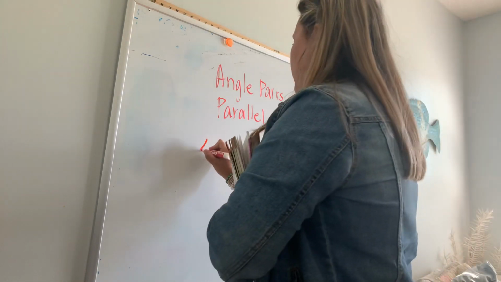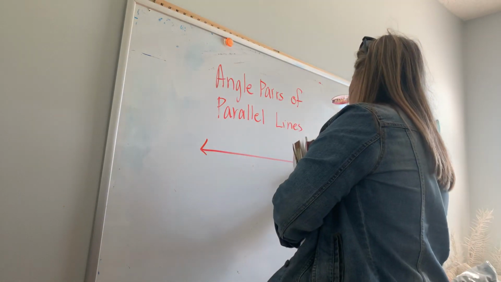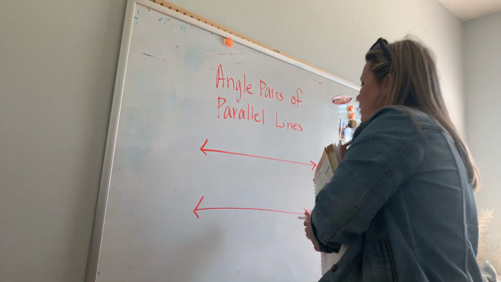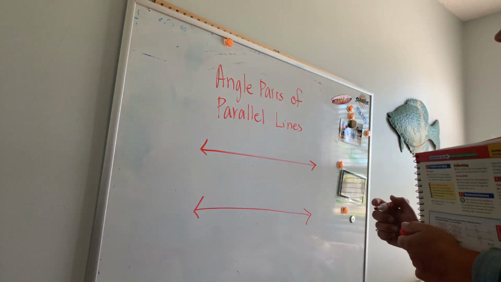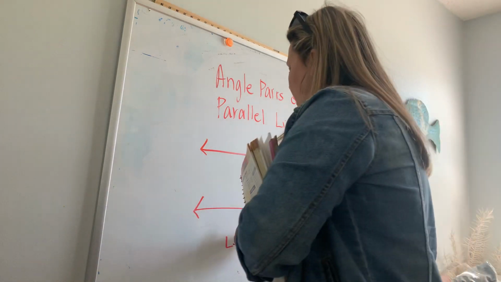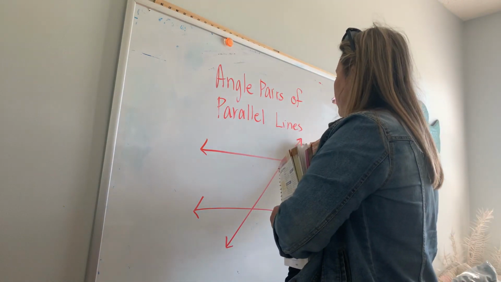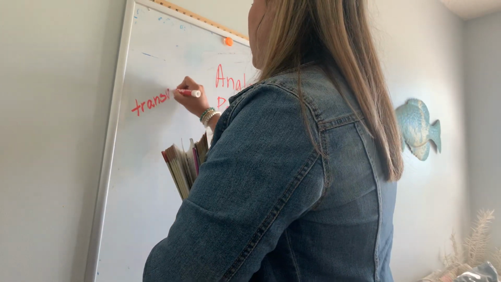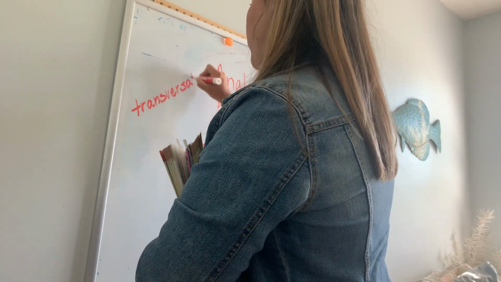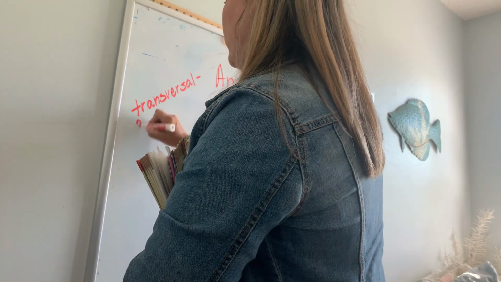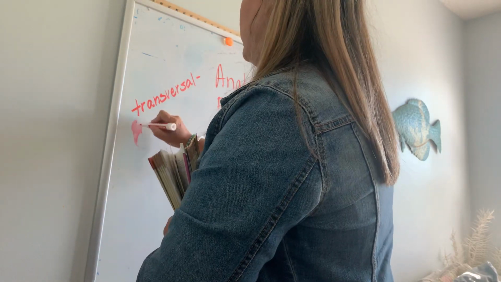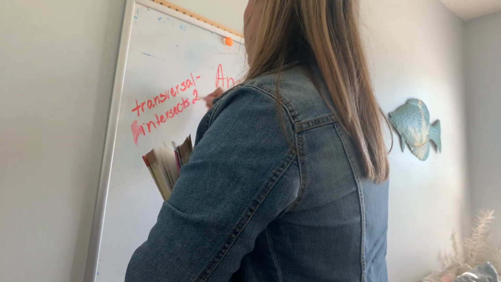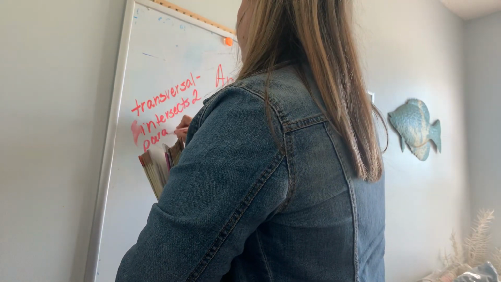So if we have a set of parallel lines, lines that never intersect, and it's cut by a transversal. A transversal is a line that intersects the two parallel lines.